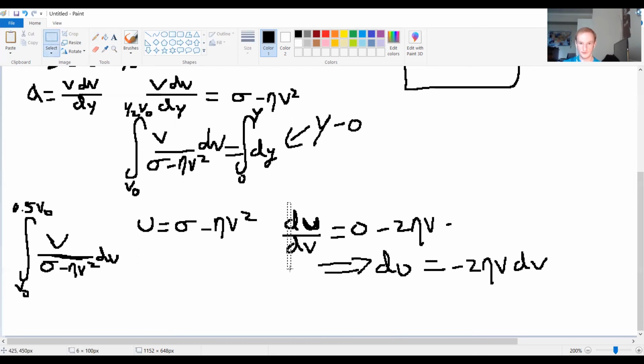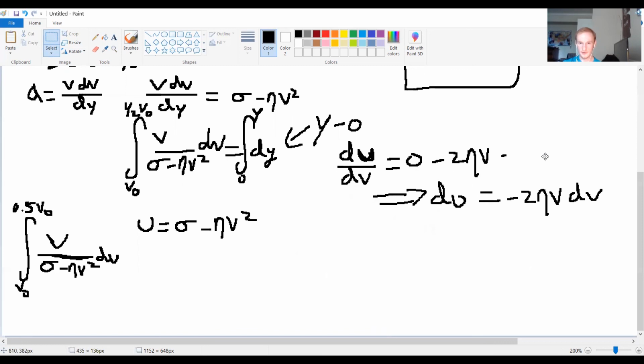All right, so now we got all the stuff we need. Man, this is too cluttered. Pull this up here. All right, so now we got all the stuff we need in order to plug this back into this equation. So we're just going to go for it. So we have the integral. This v stays on top over u.